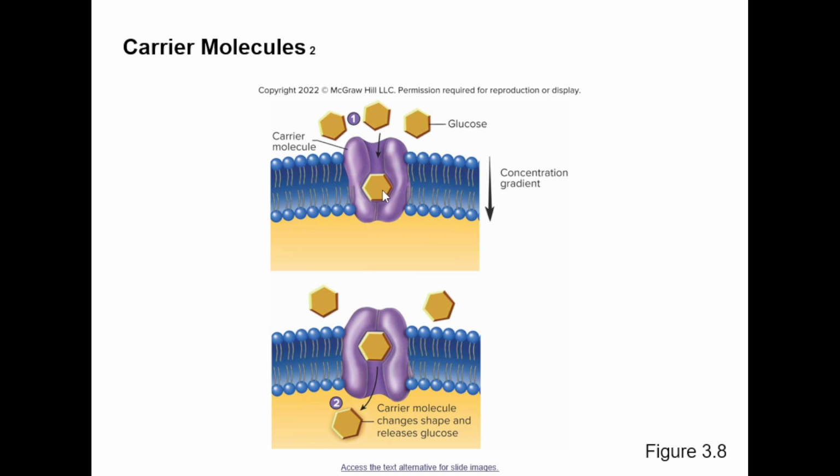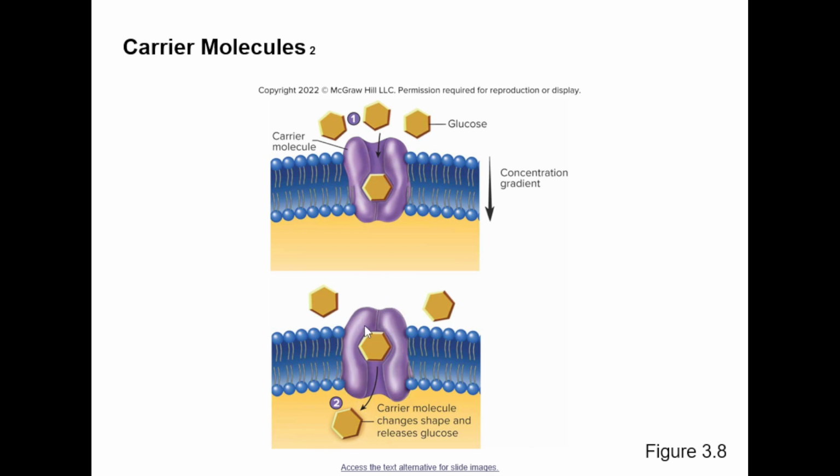The second important information about carrier molecules is that they undergo conformational change or shape transformation. As you can see here, the top part of the carrier molecule is open while the bottom part is closed. But once a substance attaches, the shape of the molecule changes.